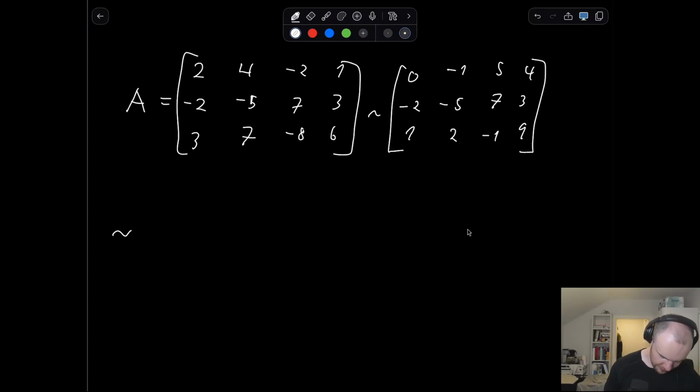Okay, now let's continue. I used the middle one, so now I can use the bottom one and get rid of that middle one. So I have 1, 2, minus 1, 9, of course. Does that make sense? I'm going backwards, am I?